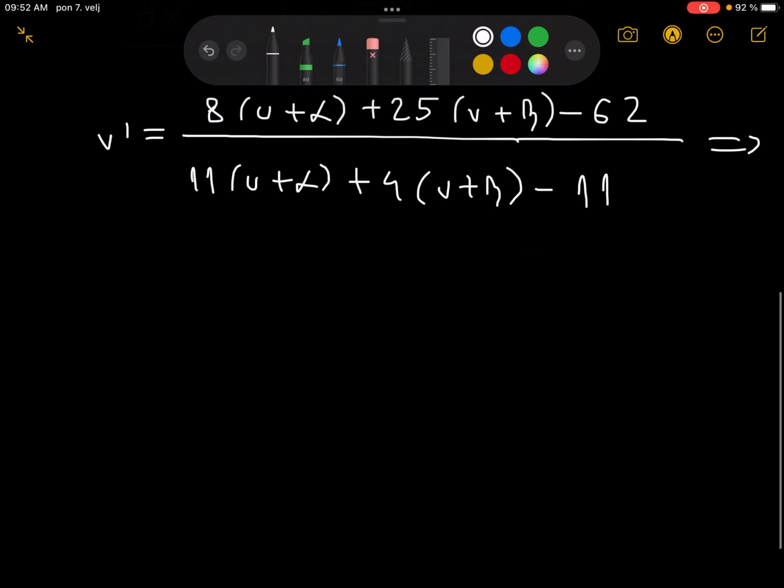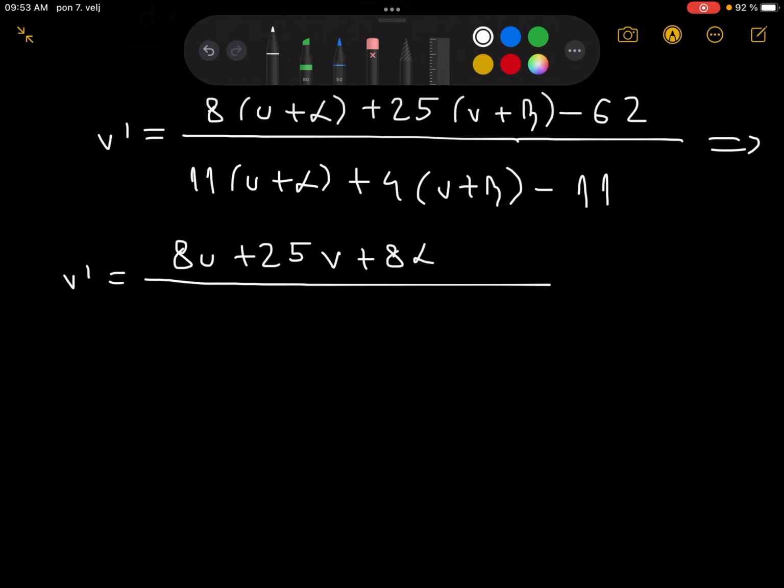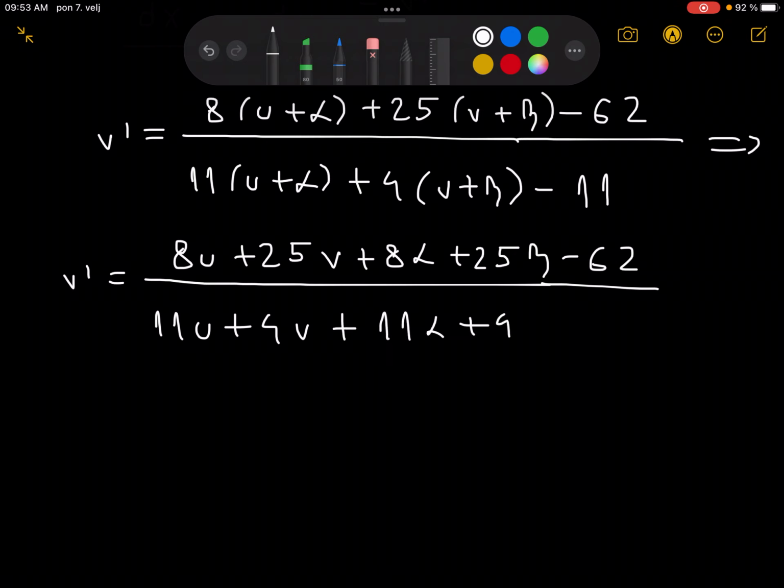Okay, now let's spread this out a bit. From here it follows that v prime is equal to 8u plus 25v plus 8 alpha plus 25 beta minus 62, everything over 11u plus 4v plus 11 alpha plus 4 beta minus 11.